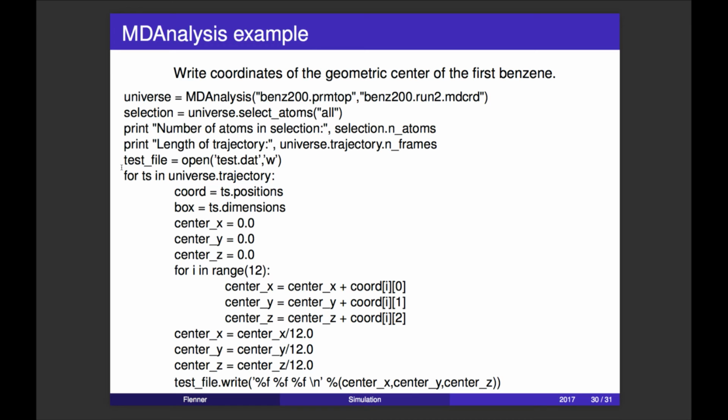Here I'm averaging all the centers, dividing by 12, that's how many particles we have, and then I write out the output in the XYZ position. So that's just an example of how to get the information you need to do the calculations for the analysis.